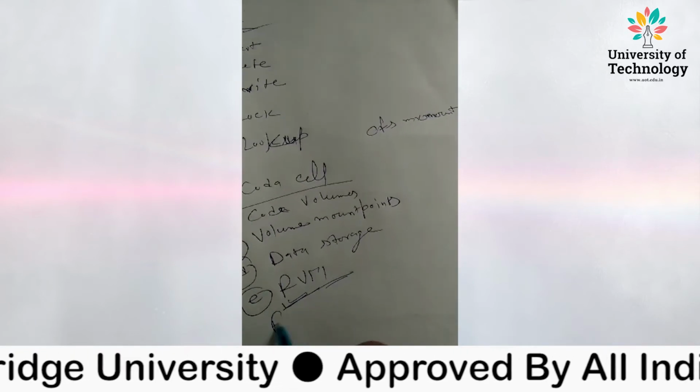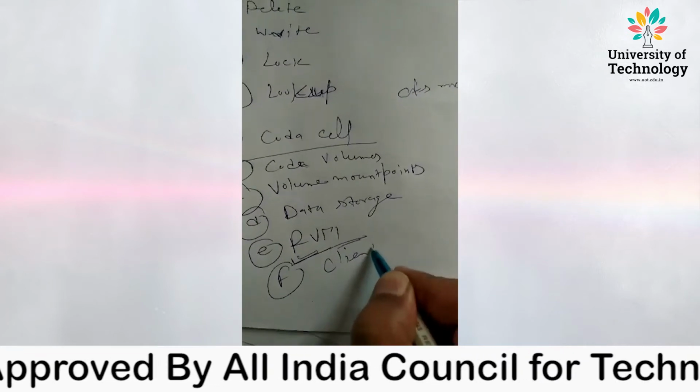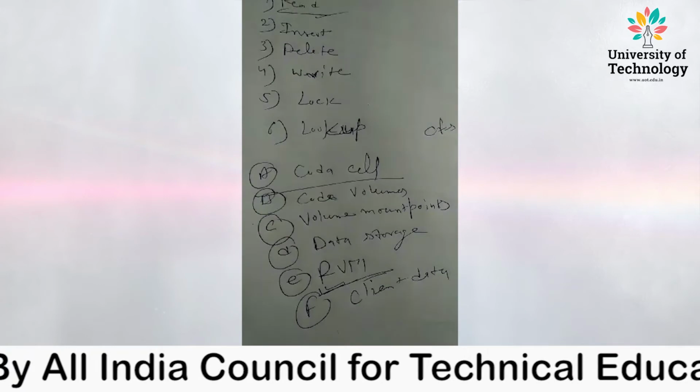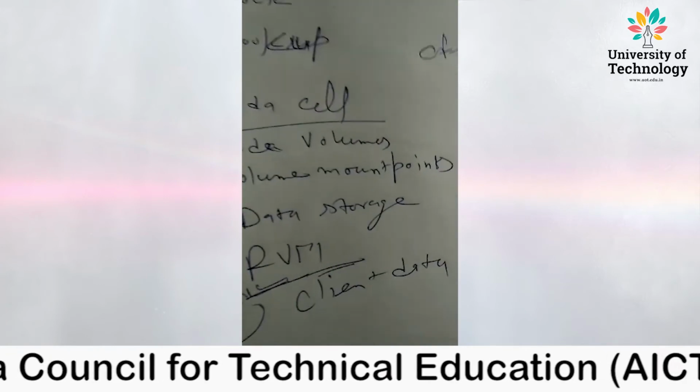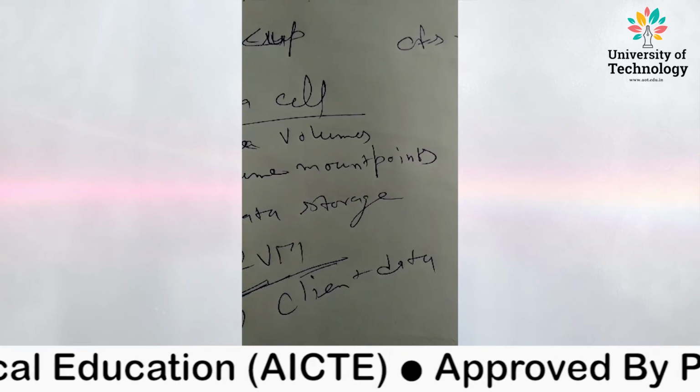Next, client data. Data on the client is stored somewhat similarly. Metadata is in RVM and cached files are stored by number.